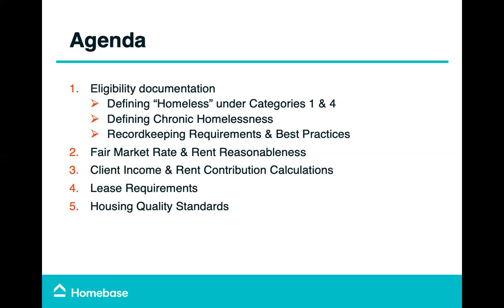So focusing on some of the key items that you need to be maintaining in your client's case files. As such, we're going to be focusing on the following issues: documenting client program eligibility. So understanding how to document categories 1 and 4 of HUD's homeless definition, understanding how to document chronic homelessness, and spending a few moments on important record-keeping requirements and best practices.